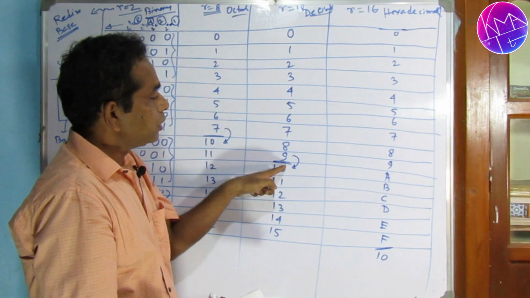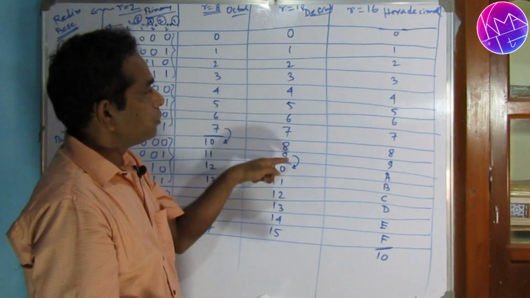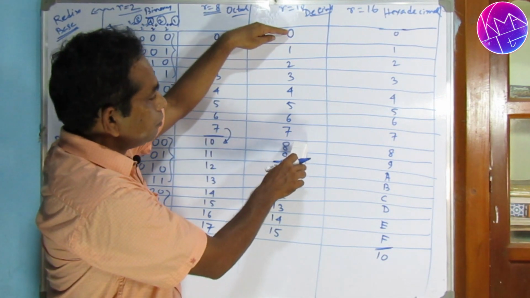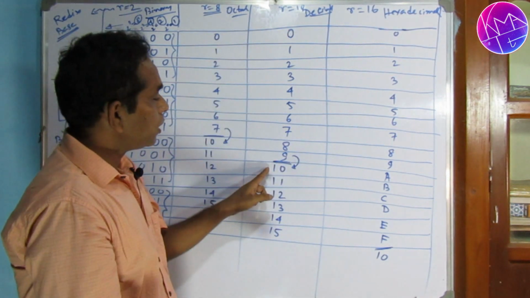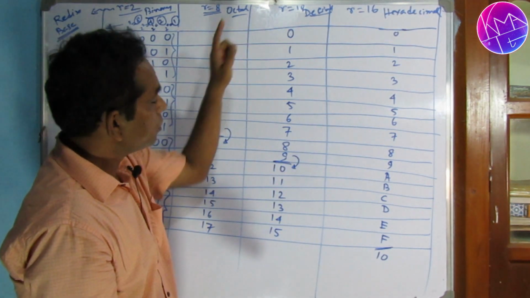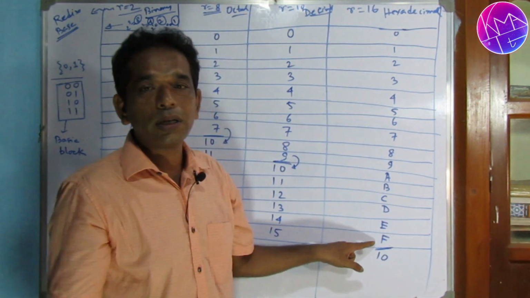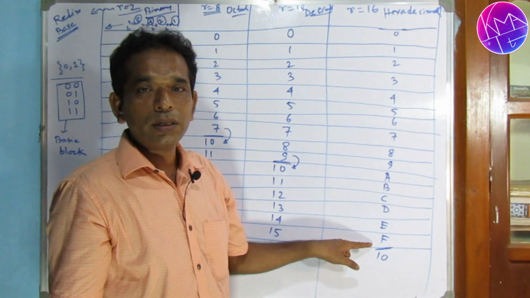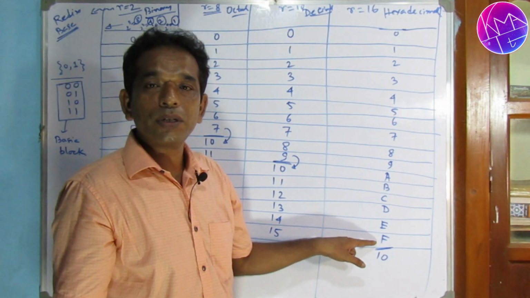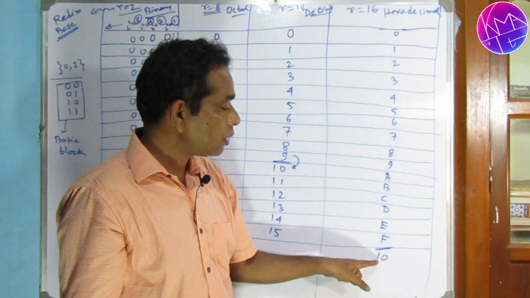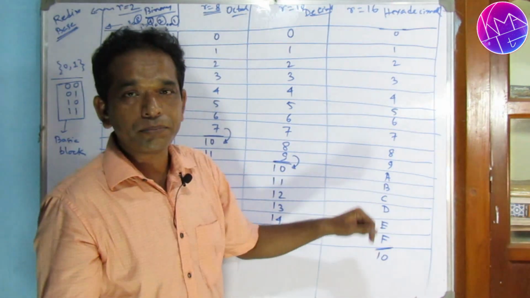Now we have to consider the combination of these bits: 10, 11, 12 in this way. Similarly, F is the very end of the basic set of unique symbols of the hexadecimal number system. So after F, automatically 10 will come.